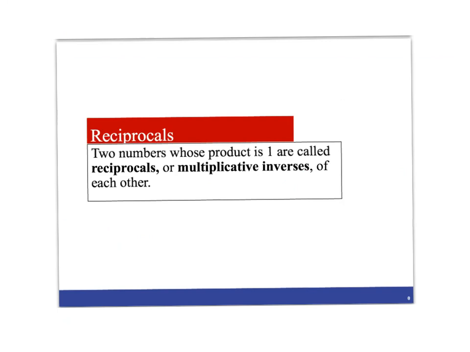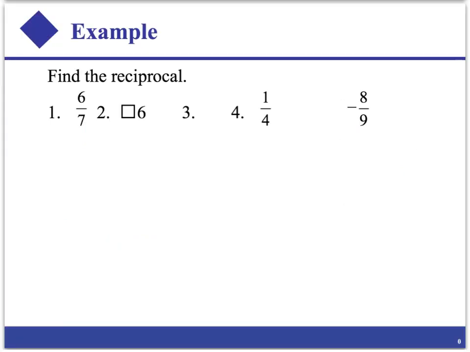Reciprocals are two numbers whose product is 1. They are called reciprocals or multiplicative inverses of each other. So basically, if you flip it and then multiply them together, you should come up with 1. So what is the reciprocal of number 1?